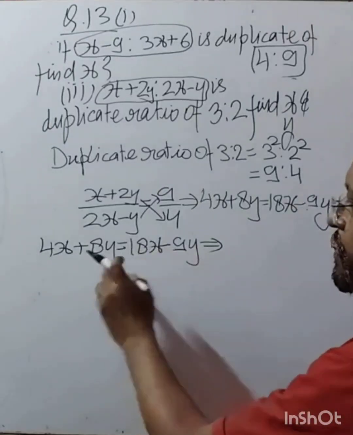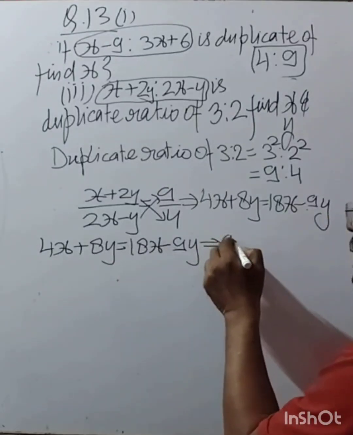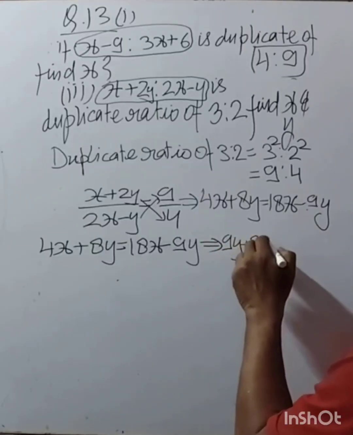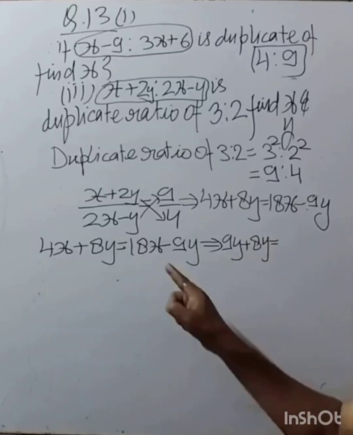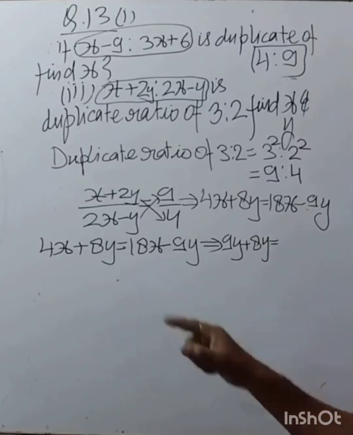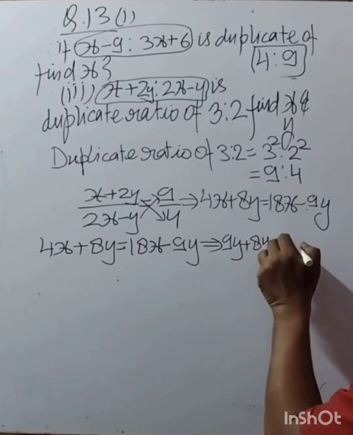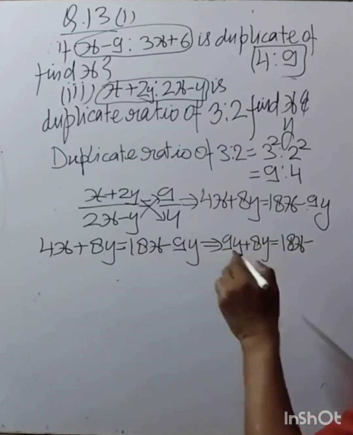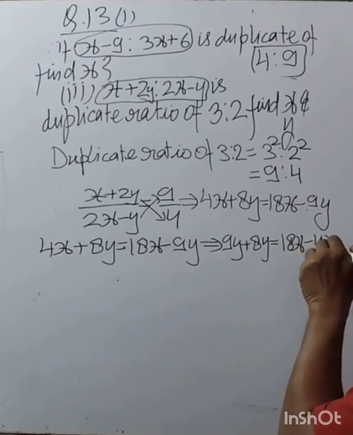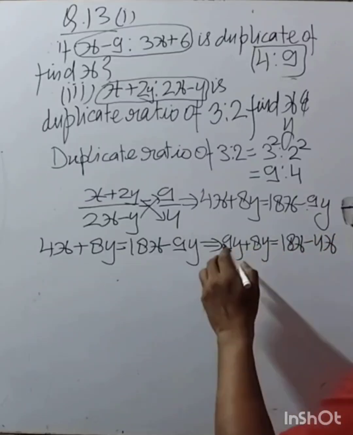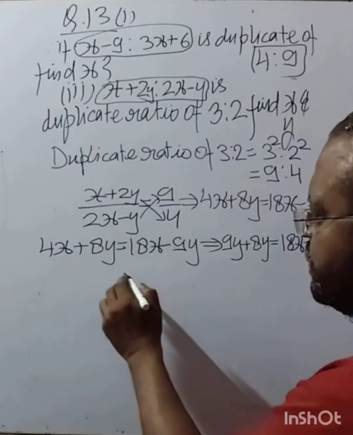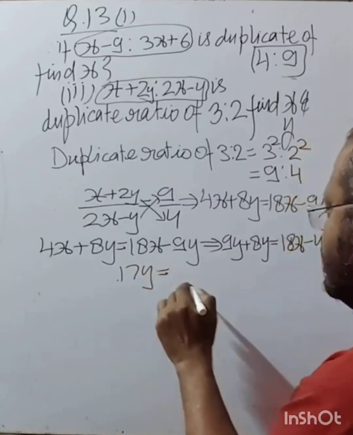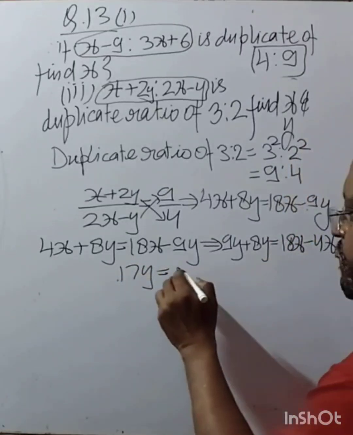So 9y plus 8y is equal to 18x minus 4x. Is this so? So 9 plus 8 becomes 17y is equal to 14x, right?